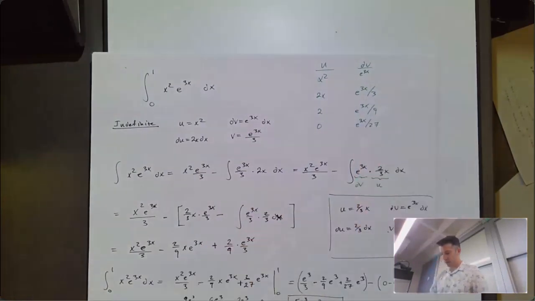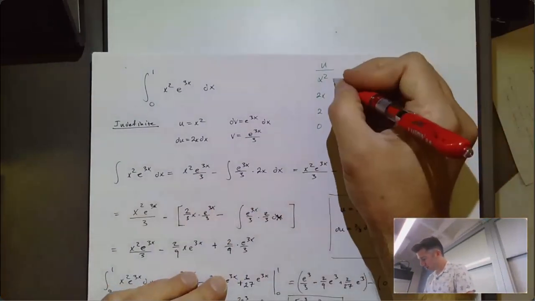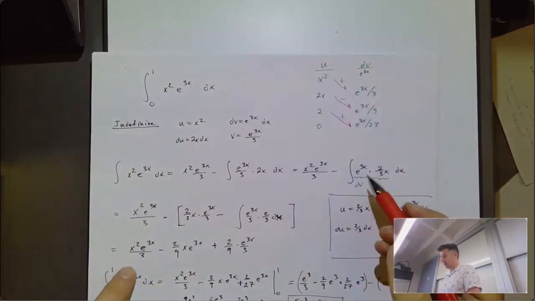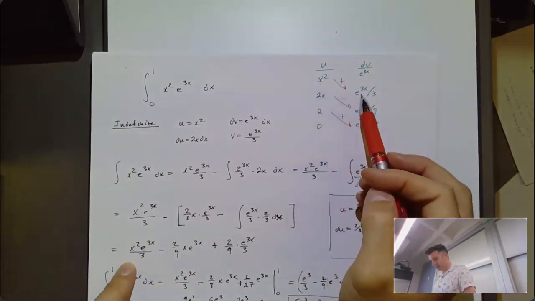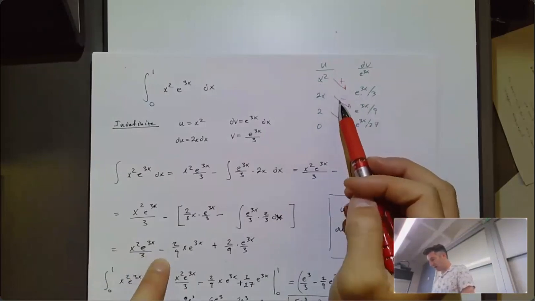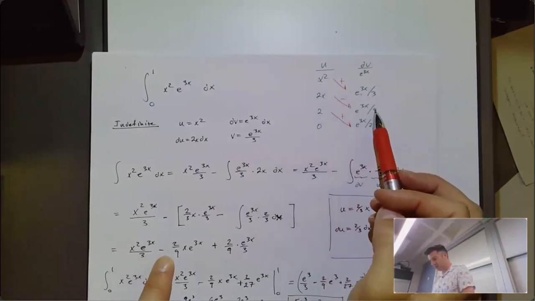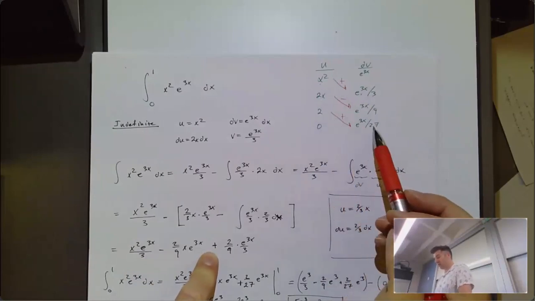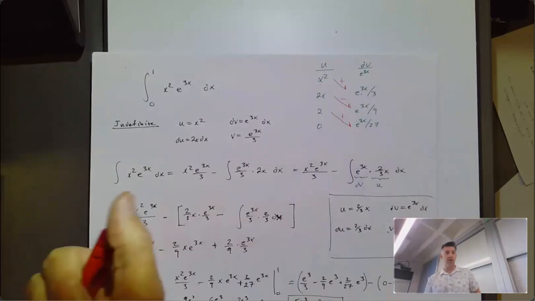And then we know it's going to be plus, minus, plus. So you'd be like, okay, it's plus x squared e to the 3x over 3, check, minus 2x e to the 3x over 9, check, plus, oh, I had a minus sign. It should have been a plus 2 e to the 3x over 27. So that's a good check.